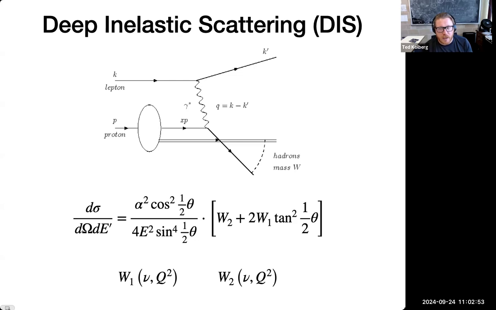In general, in elastic scattering, the more momentum transfer that we ask for, the lower the cross-section is going to be. But if it's true that there are point particles inside the proton, there should be some kinematic range where this fall off is suppressed. And that's because we're no longer interacting with the proton as a whole, but with these individual point particles inside of it.